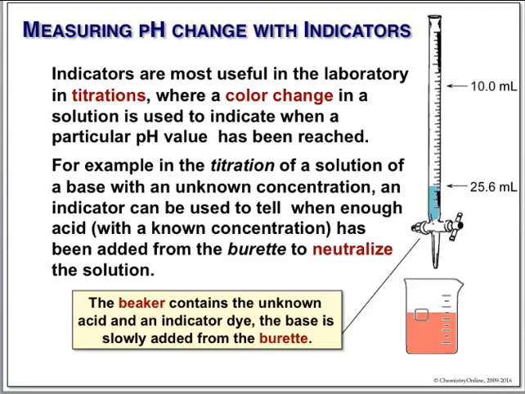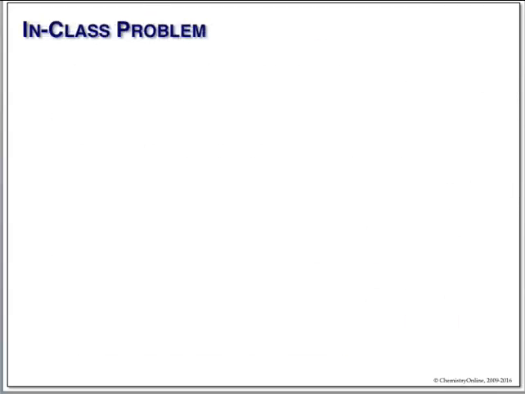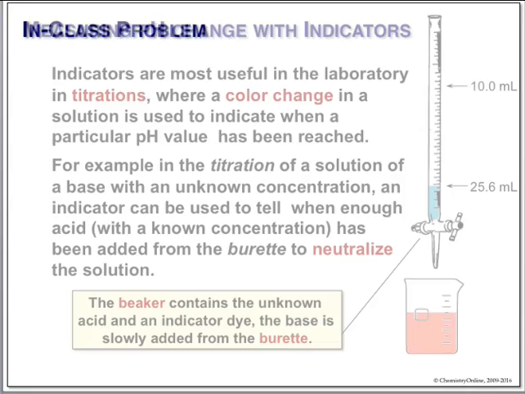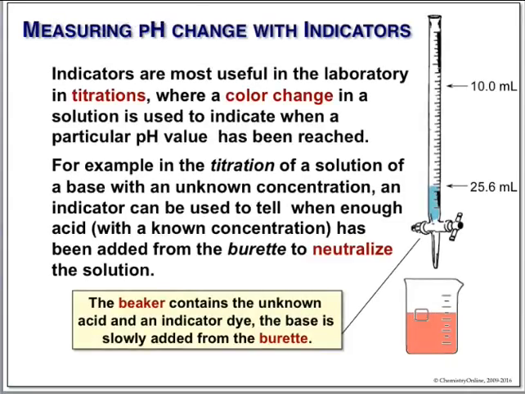From that, by knowing the volume and the concentration, we know moles. So we know how many moles we had in our beaker here. Let's go back to that. Now a standard general chemistry calculation would be to take an unknown acid.